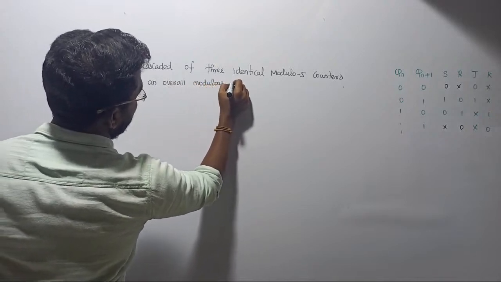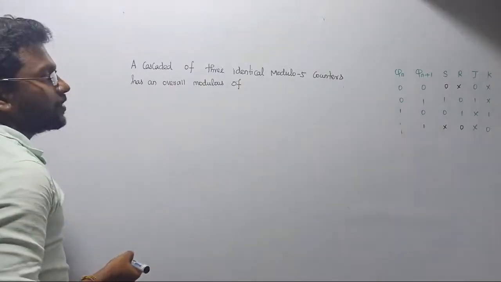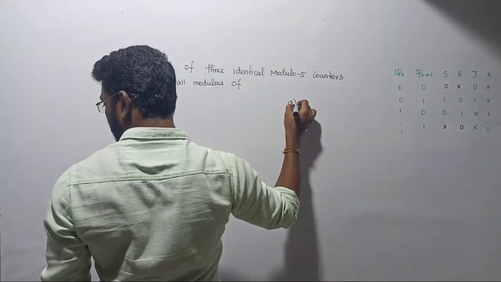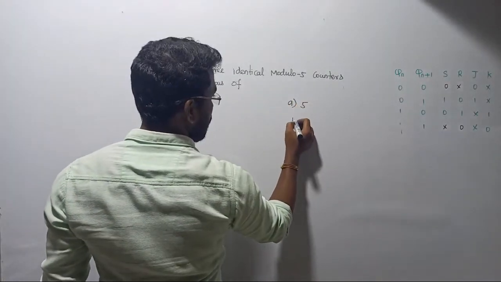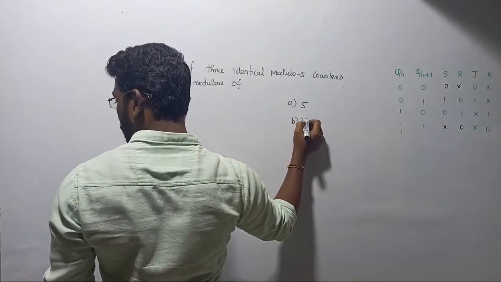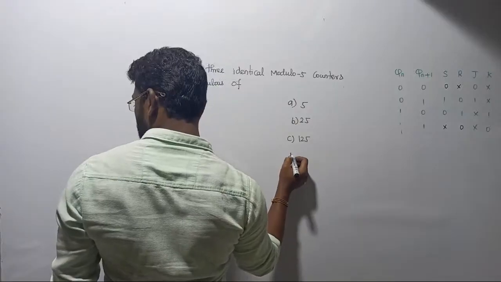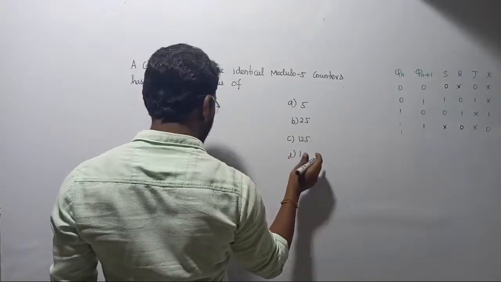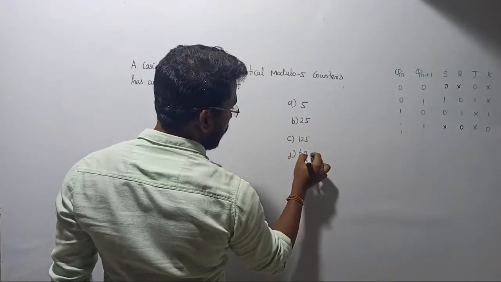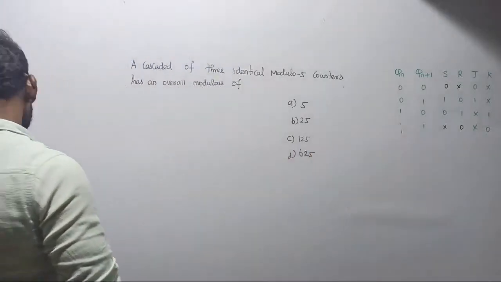In option A they gave 5, in option B 25, in option C 125, in option D 625, right?